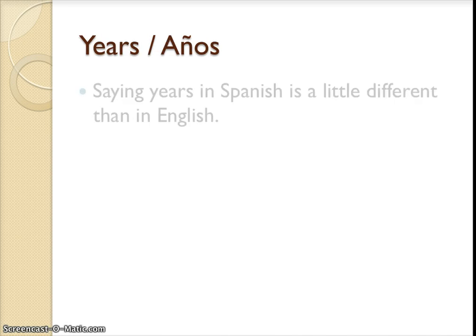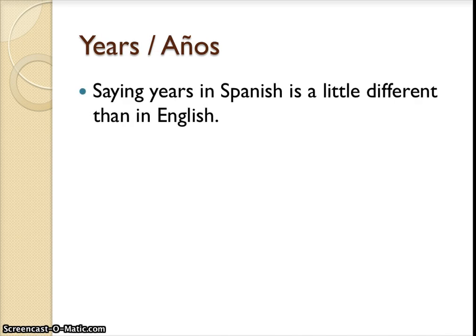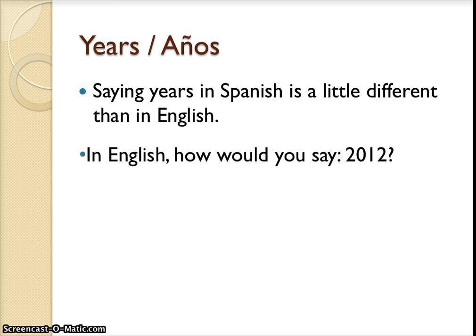Okay, talking about years. When you say years in Spanish, it's a little different than the way we say it in English. How do you say this year that's on your screen right now? Some people may say twenty twelve.